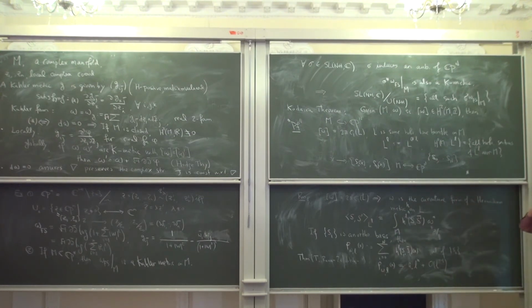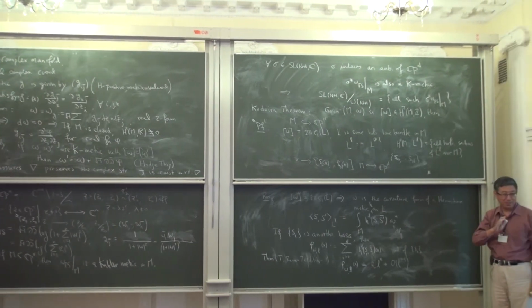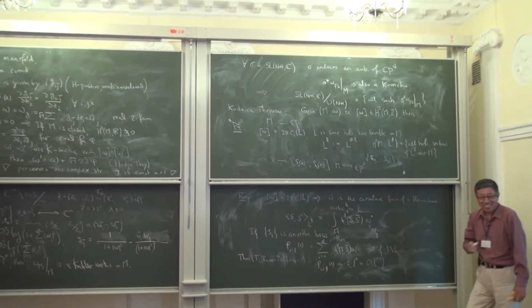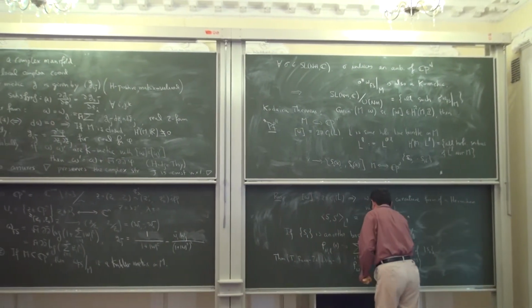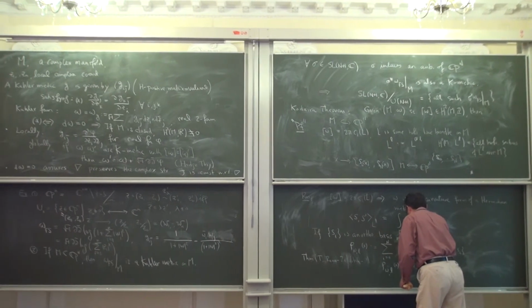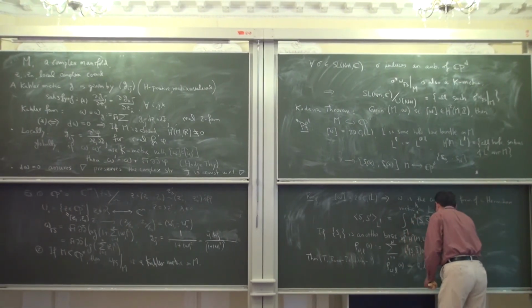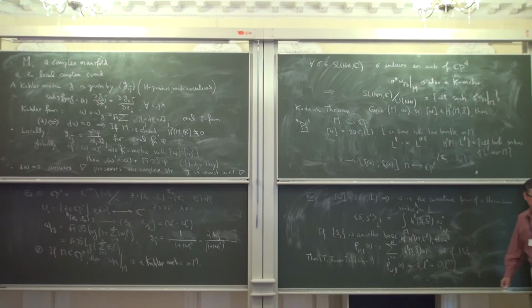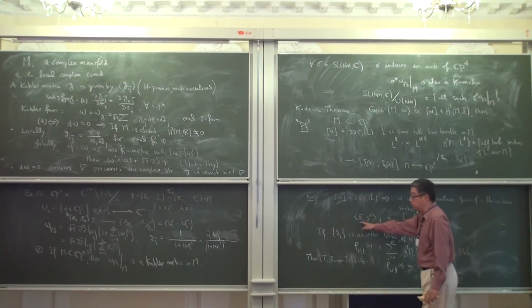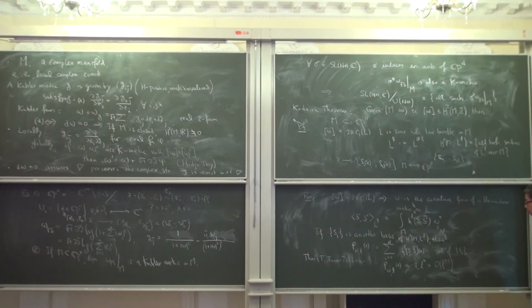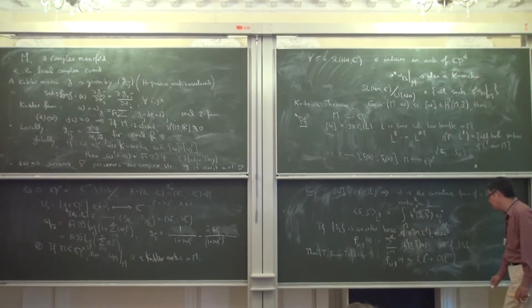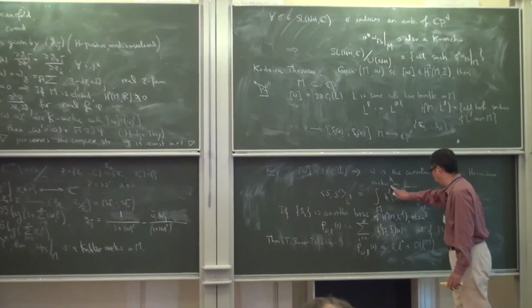Is that clear? So this is also an orthonormal basis of this group, and the metric h, with respect to this inner product, what is h in this definition? h is the Hermitian metric here.